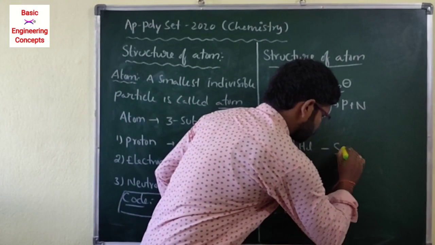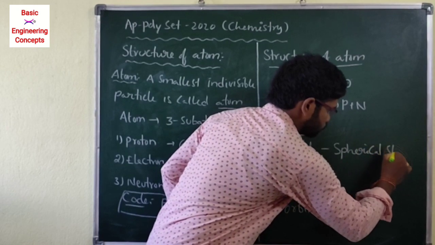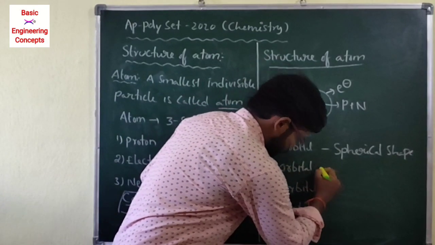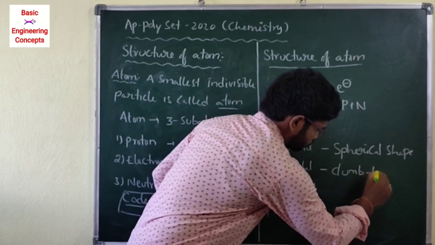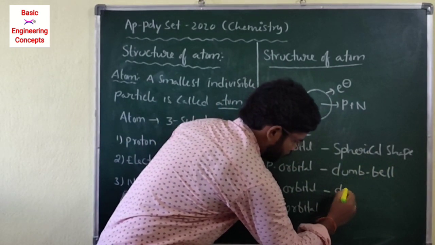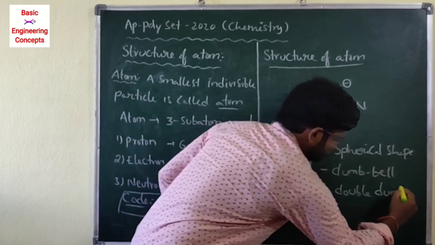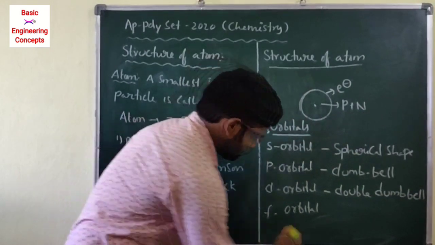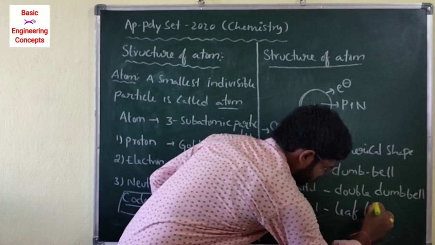Spherical shape. The p orbital shape is dumbbell. The d orbital is double dumbbell. The f orbital, no need, but it is a leaf-like structure.